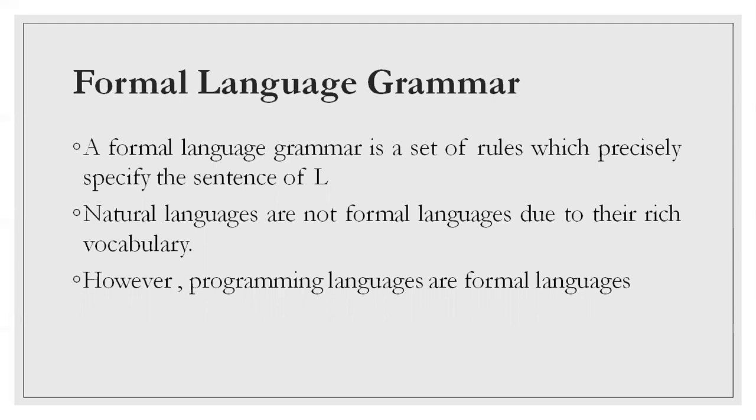Natural languages are not formal languages because they have a very huge vocabulary set, and it is very difficult for a grammar to specify it, as we will see in the coming slides. However, programming languages are formal languages because they have a much smaller vocabulary.